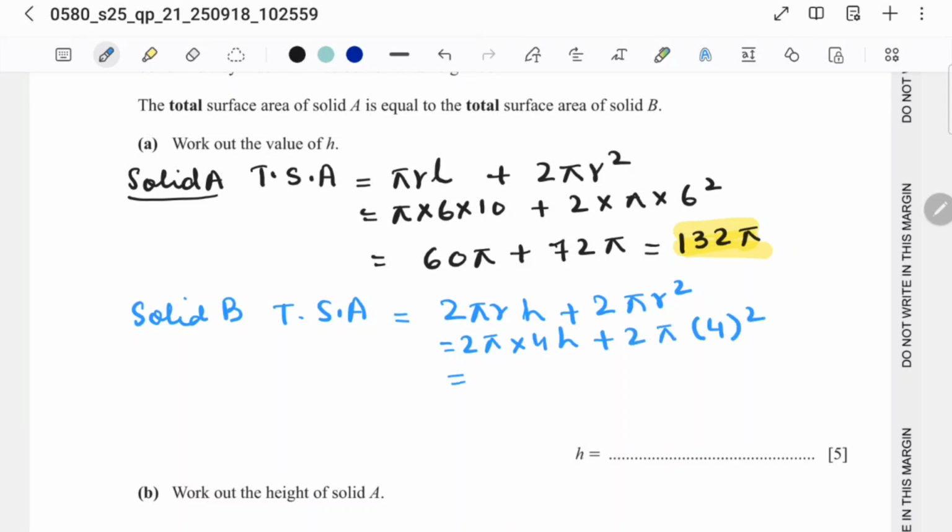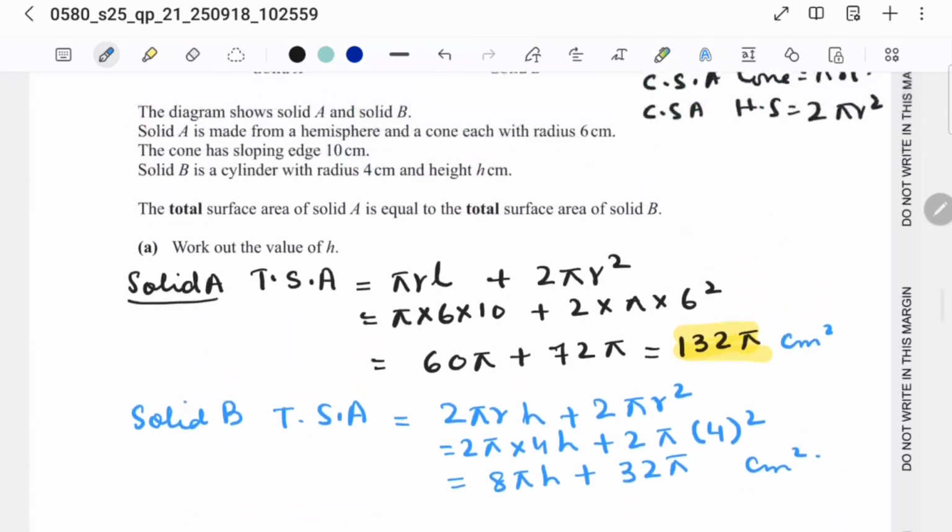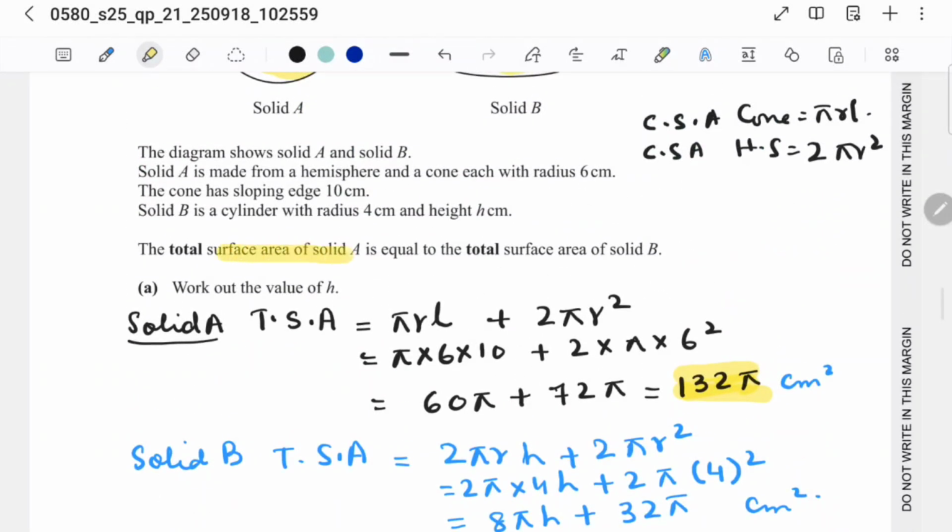Okay, so this is becoming 2 times 4 is 8, 8 pi h plus, that is becoming 4 square, 16 times 2 is 32 pi. Okay, so we cannot add it, we just write it down as it is. So they both are equal. Solid A total surface area is equal to the solid B total surface area.